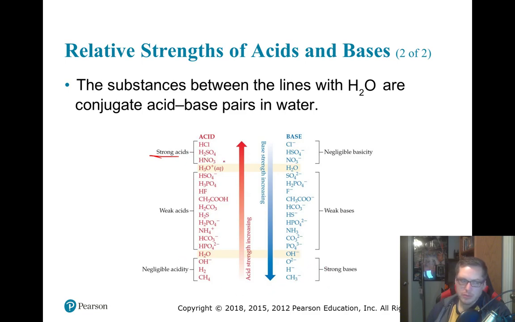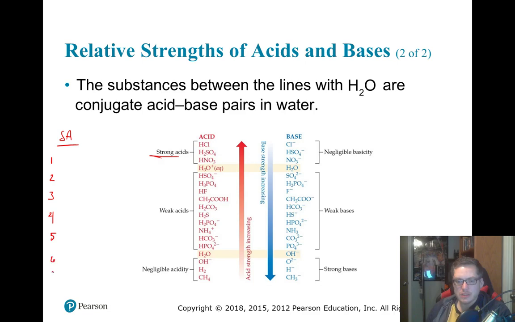Remember, way back a couple units ago, we memorized those strong acids, and you need to make sure you have those memorized as well. There's 7 of them, your strong acids. Let's see if we can remember the saying here.